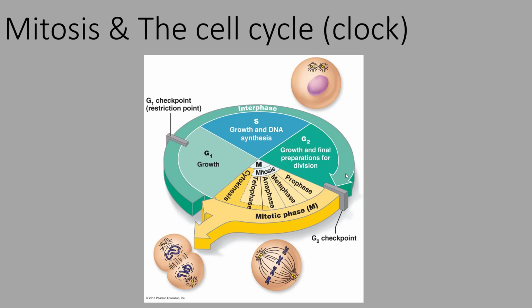If you get a cut, well, we need to patch that cut, and the way that we do that is by making new cells. Okay, but most of the time the cells in our body are in interphase. They're not actively dividing. But interphase is actually broken up into smaller stages.